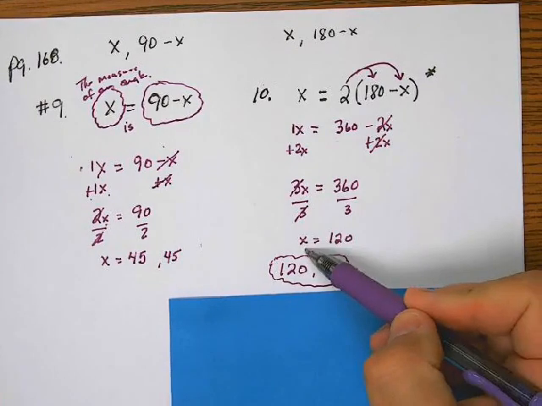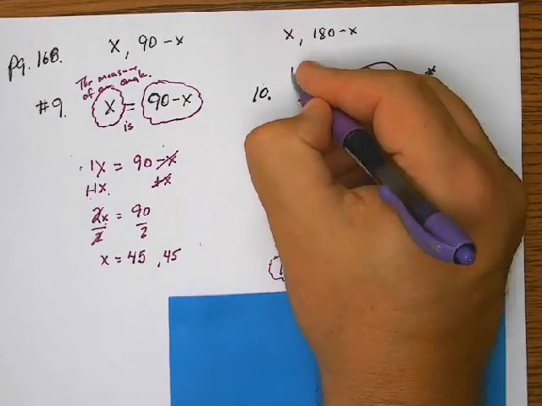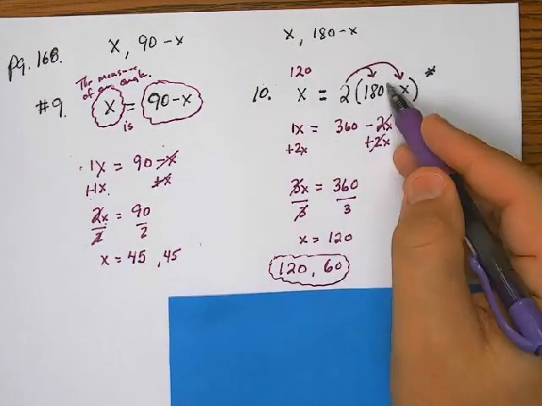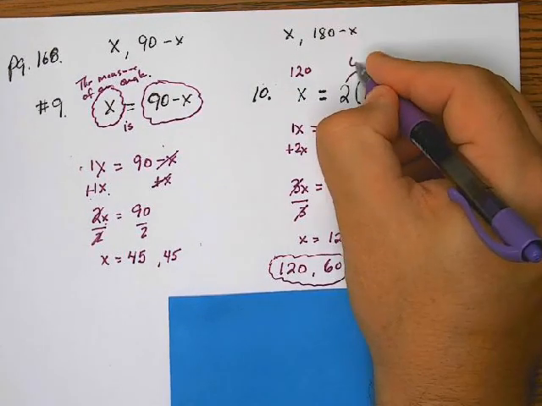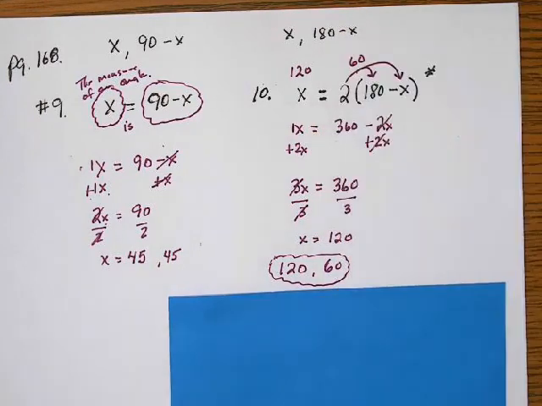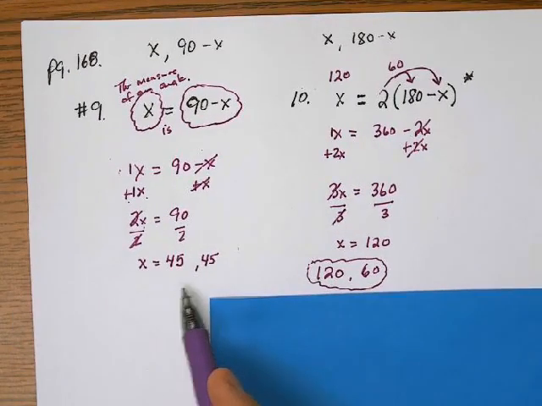So this is the measure of the angle, which would be this angle. And then the measure of its supplement would be 180 minus that, which is 60. If it asks for a supplement. If it asks for a complement like it did over here, then we have to get it to 90. That's the difference.